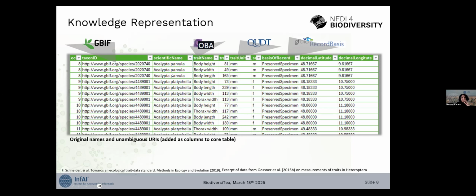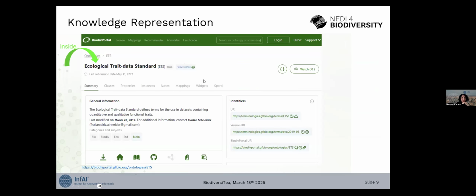So once we have connected all the content of the table to URIs or concepts from ontologies that come from the BioDiv portal, we can transform the data into a knowledge graph.